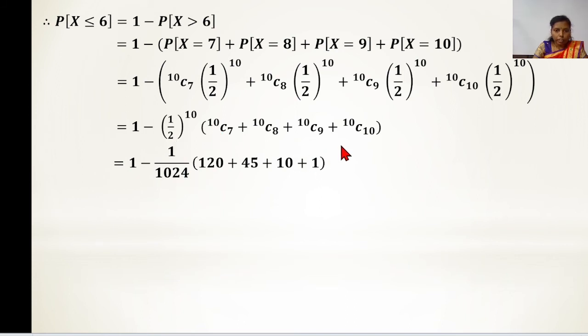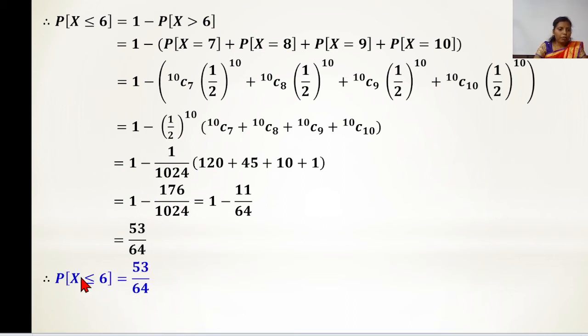By the combination formula, 10C7 is 120, 10C8 is 45, 10C9 is 10 and 10C10 is 1. That is equal to 1 minus 176 upon 1024, which is 1 minus 11 upon 64, so the value is 53 upon 64. Therefore, P(X ≤ 6) is equal to 53 upon 64.